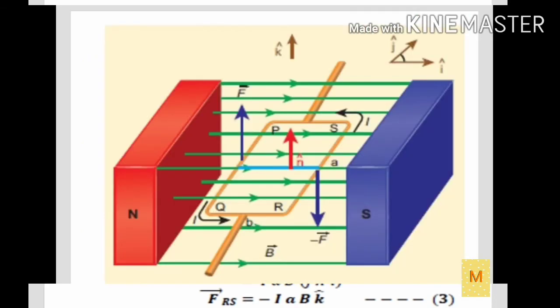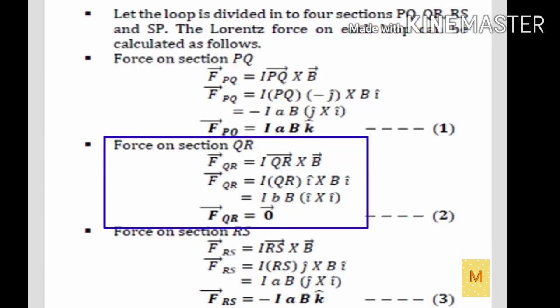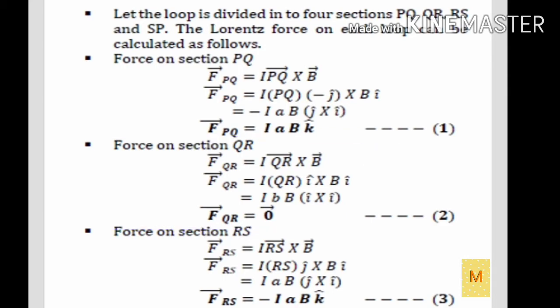Similarly, the force experienced by the section QR can be written as FQR vector is equal to I QR vector cross B vector. The QR vector and B vector are replaced by their unit vectors as i cap and i cap because QR vector and B vector both are acting in the positive x direction.